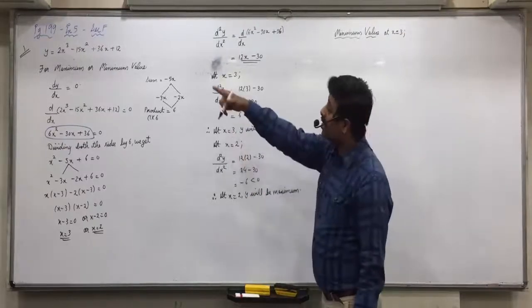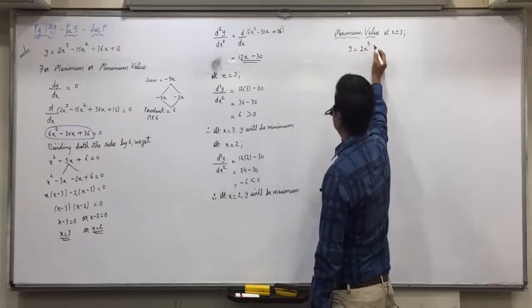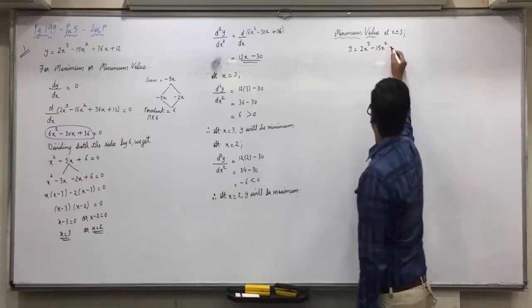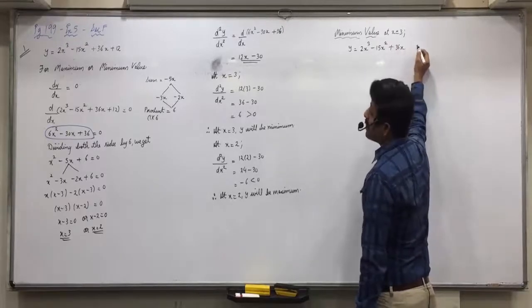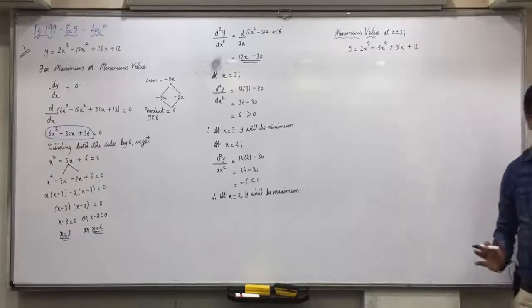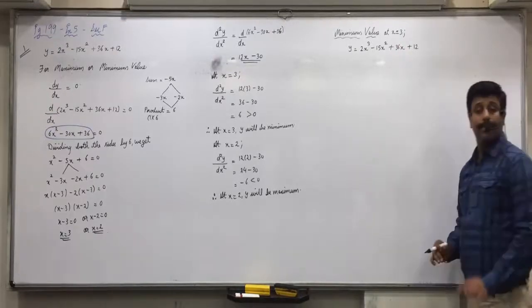Now what is the original function of y? 2x cube minus 15x square plus 36x plus 12. Here if you put 3, you get the minimum value of y. Did you understand this?